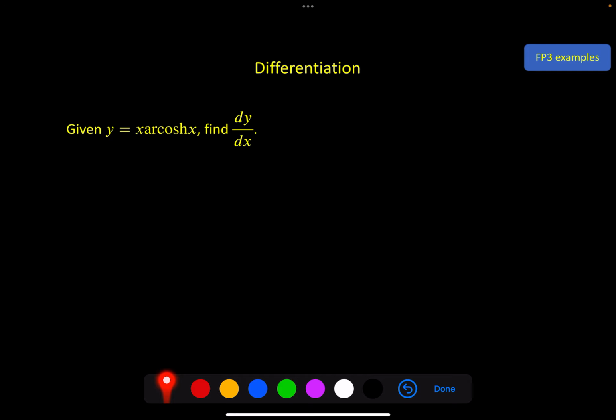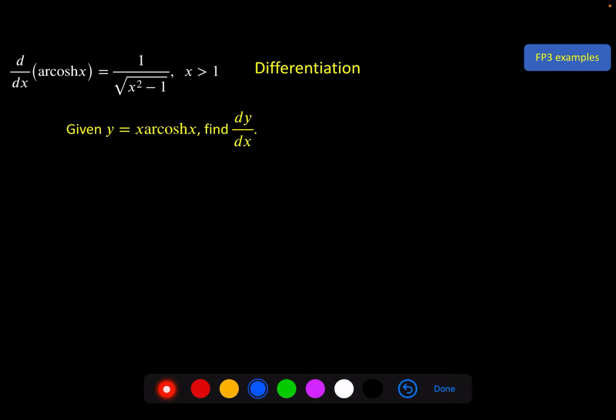Okay, a couple of examples. The first one is quite quick, because if the question doesn't ask you to prove it, you don't need to go through all of that proof. You can just use the result on the formula sheet, and the result is this, the one that I'm going to use here. So differentiating this, use the product rule, I differentiate x, I get 1, I leave this alone, and then leave this alone and differentiate r cosh, I get the result in white.